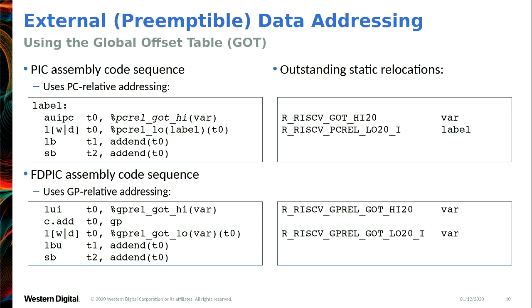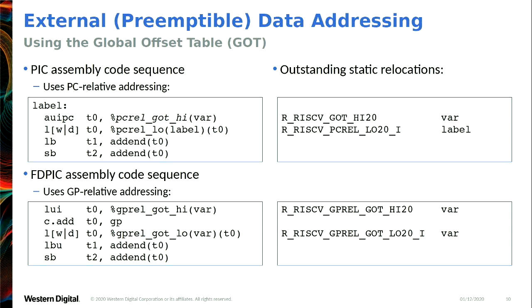That complicates things and requires an entry to be assigned in the so-called global offset table, where the ultimate address of the symbol is stored. So the reference to this symbol has to be indirect. So again, we have a corresponding existing RISC-V psABI sequence to access the symbol using PC relative addressing of the global offset table.